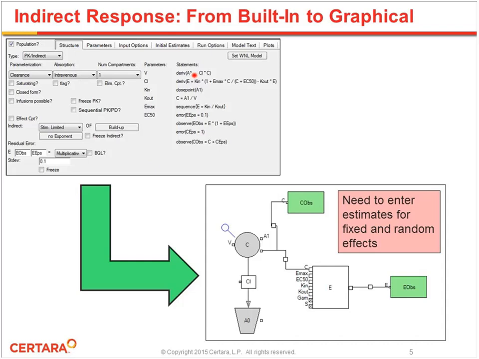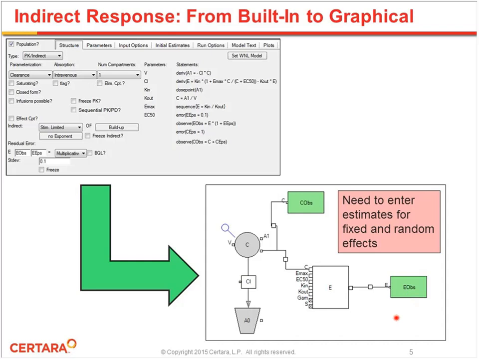You see already the textual code, the PML code, but you can simply switch to the graphical model. And here you see the PK model on this part with the central compartment, the elimination from the central, and the continuous observation of the concentration. And the concentration is linked with an effect block with all the individual parameters, and this is also linked with a continuous observation of the effect.